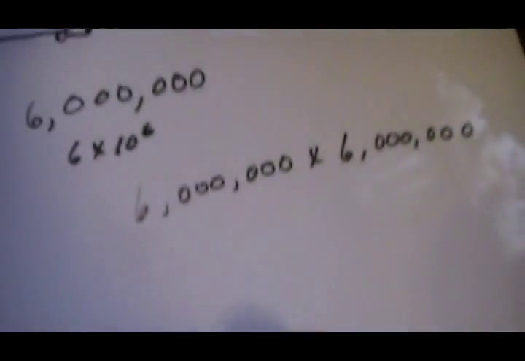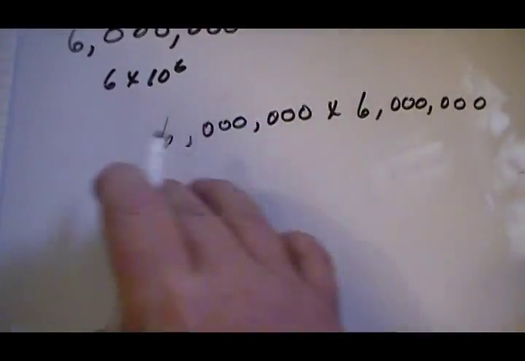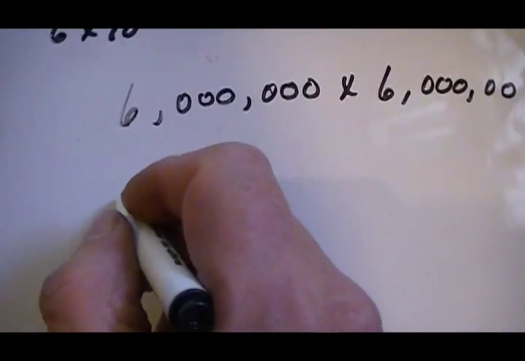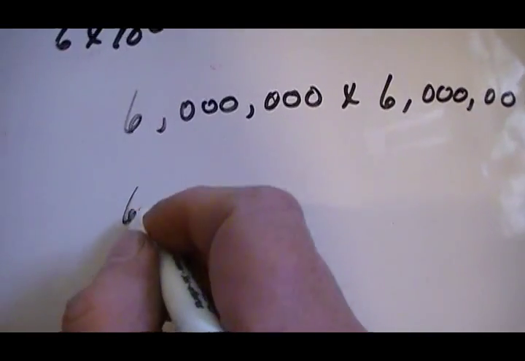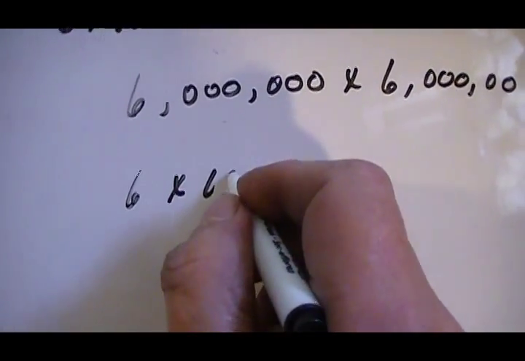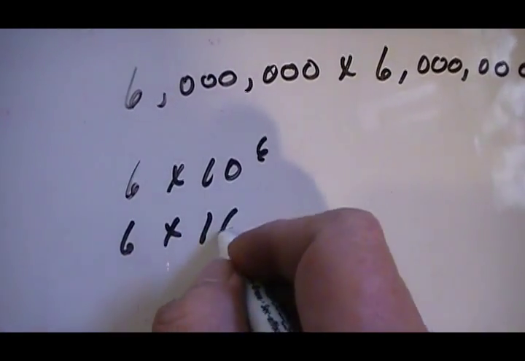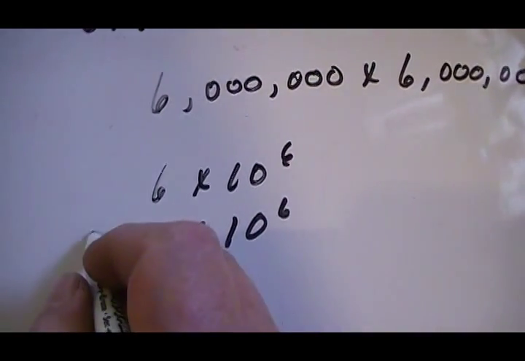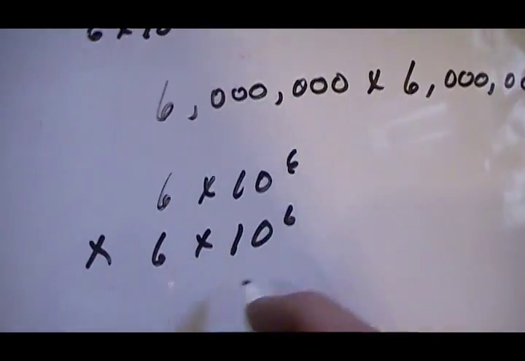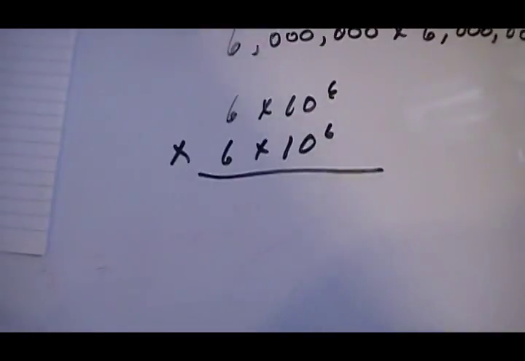Now, pop out a calculator and do it. What if I said you can't use a calculator? What do you do? Well, I could do something like this. That's the same thing as saying 6 times 10 to the 6 times 10 to the 6, that I'm multiplying these two numbers together, like that.